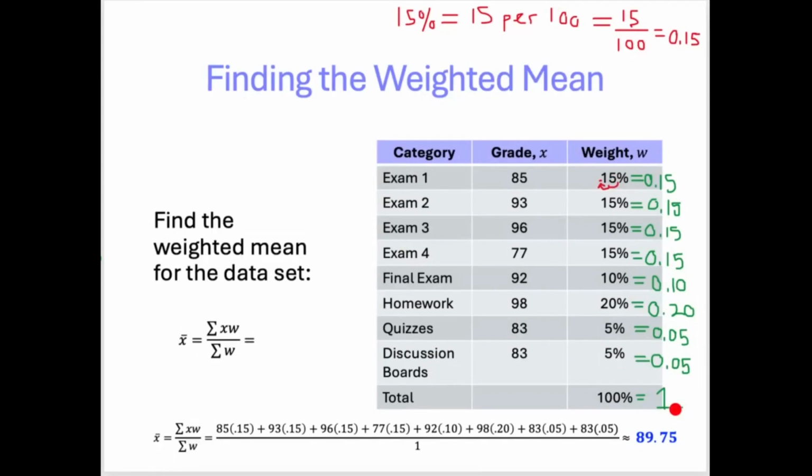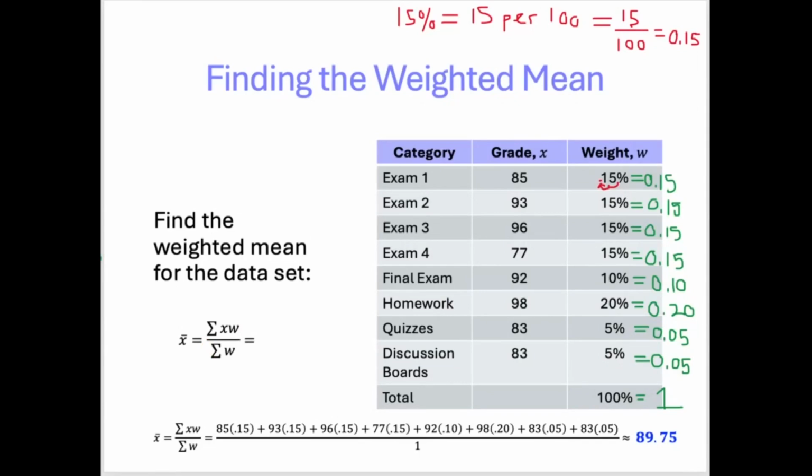Now, the formula for the weighted mean: you're trying to find the mean when these all have different weights. Well, it's going to be the sum of all of your x values times their weights, and then divided by the sum of the weights.